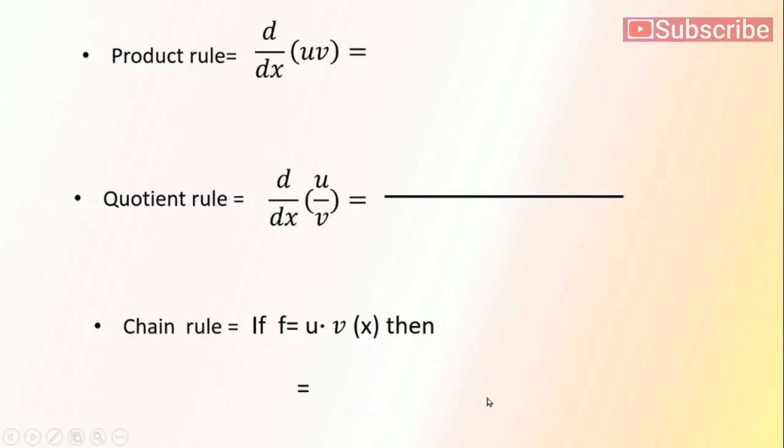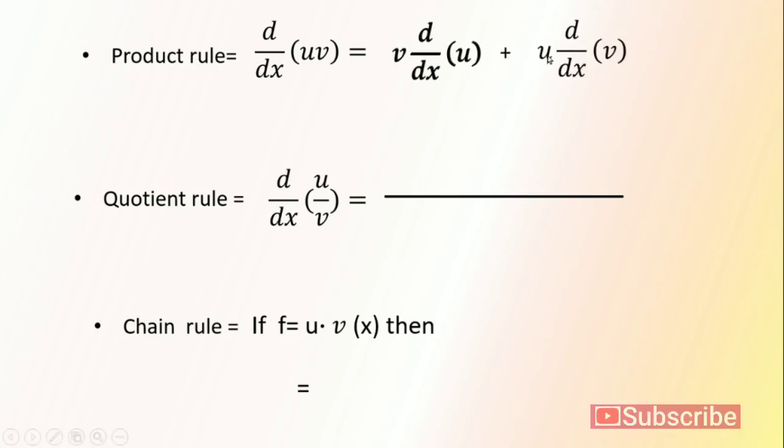Okay. Now this is the product rule. If we have to differentiate the product of two functions, u into v, then how will we operate it? See, v d by dx of u: v, the second function, is left without differentiation, and we operate d by dx on the first function u.